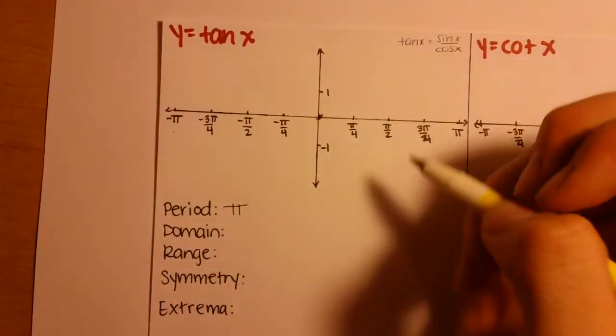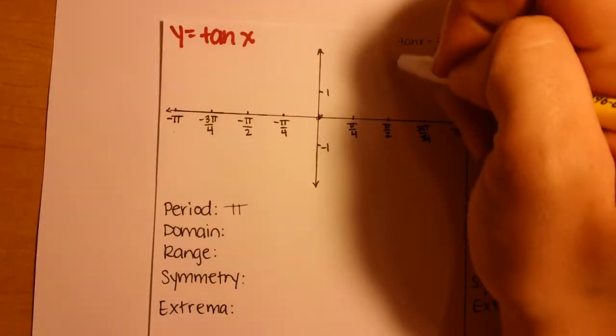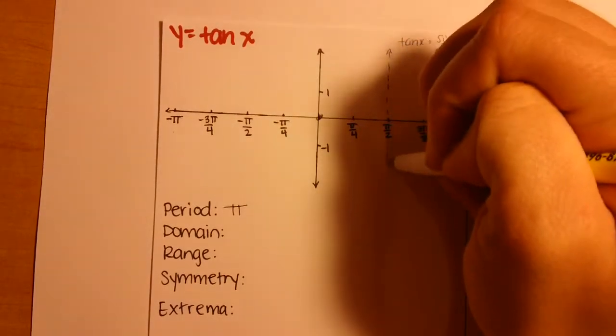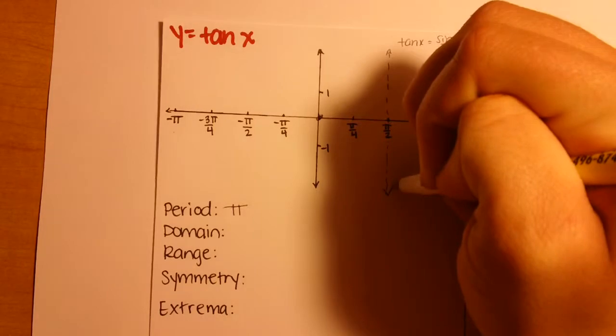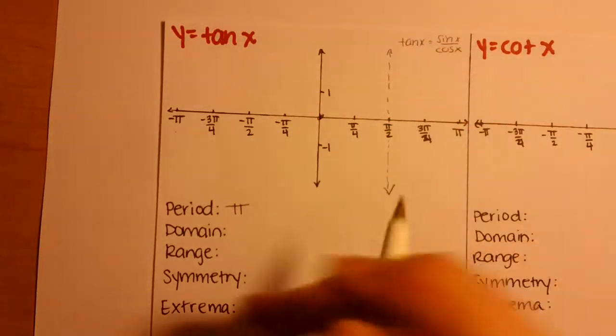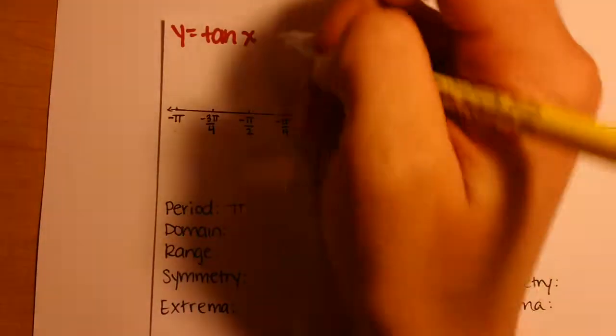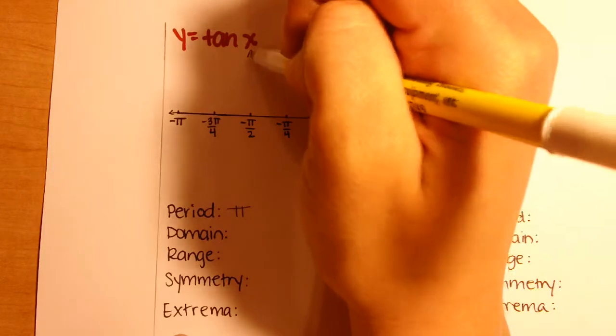So we have an asymptote at pi over 2. Similarly, when we have pi, it's negative 1 over 0. So our asymptote is going to be at negative pi over 2.